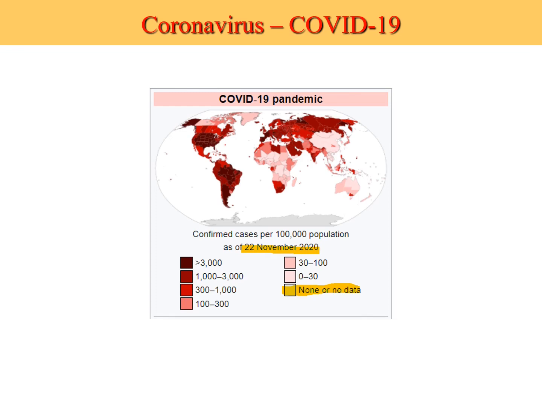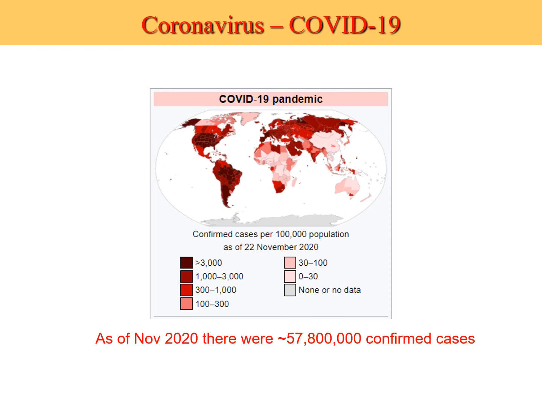There are cases everywhere in the world, even the most remote islands in the middle of the Pacific or Atlantic have it. There are areas with more than 3,000 cases per 100,000. We in Canada, you can see the breakdown per province.